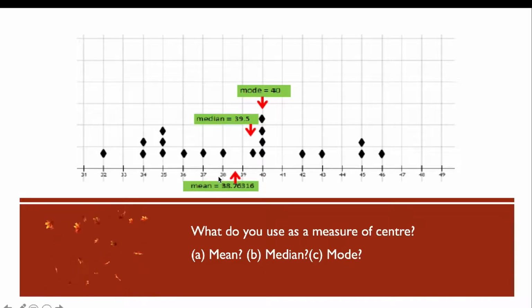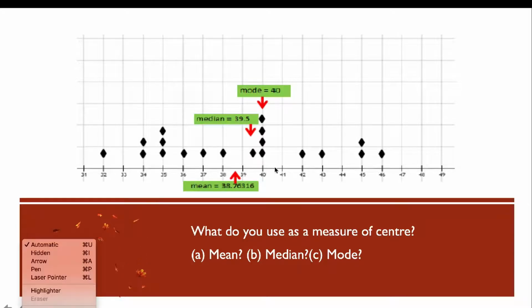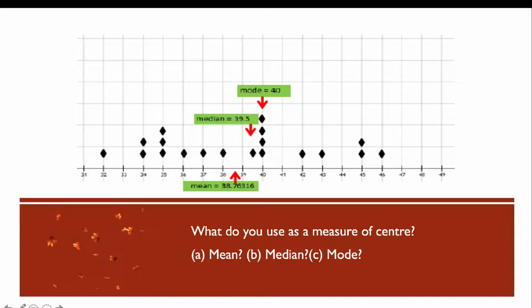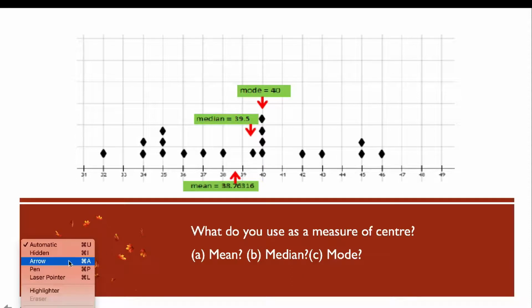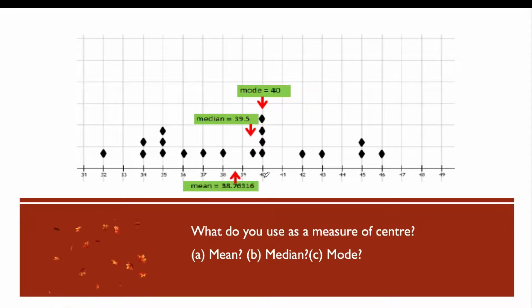For example, the mean from the data is 38.76316. In the meantime, the median is 39.5, which is much higher, and the mode is 40.